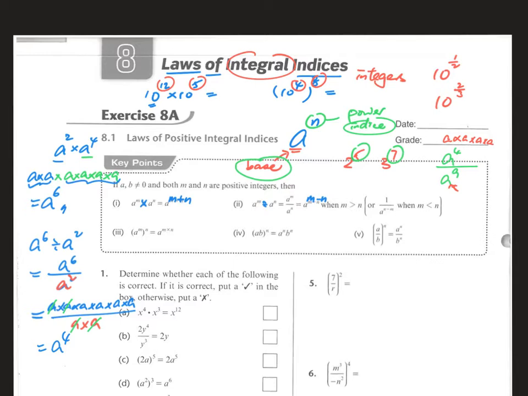But in your mind you should have the idea that because you have 4 a's on top multiplied together, they will be cancelled by 4 a's at the bottom as well. So in your mind, okay, 4 a's are cancelled, so that's why it's 9 minus 4.